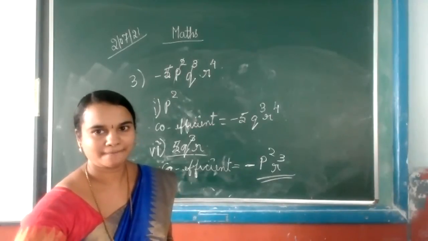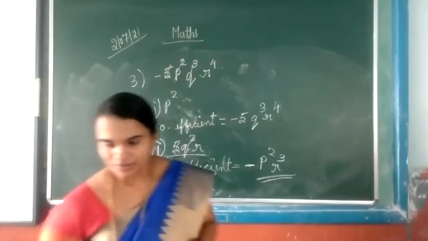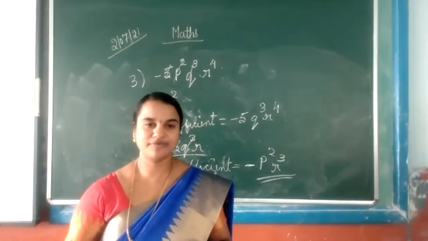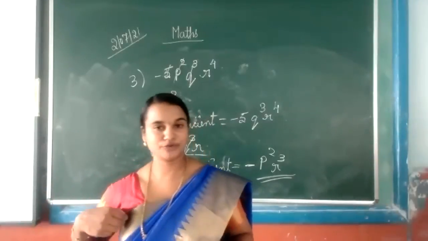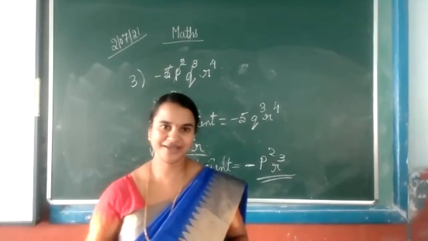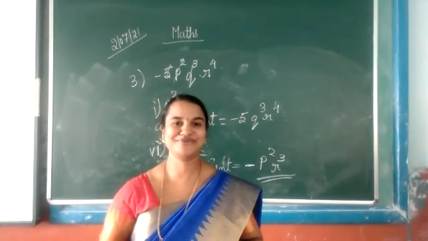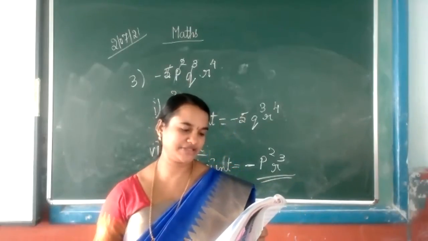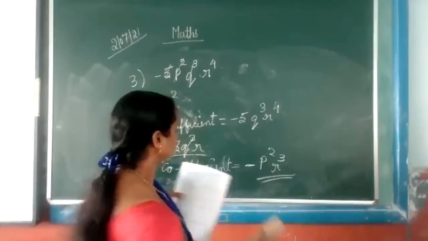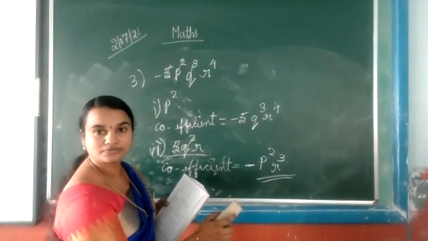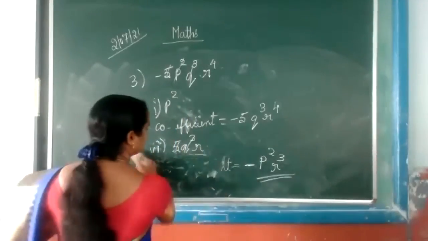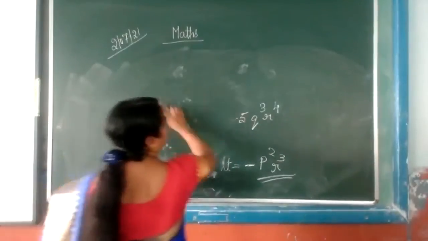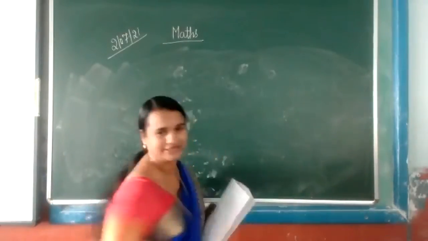Now we will complete the fourth main also, and the remaining we will do tomorrow. Only that much time we will get, I think. Last, fourth main: identify the like terms in the following. Is it completed now? So children, the remaining questions will be homework, it takes only 2 seconds to do.